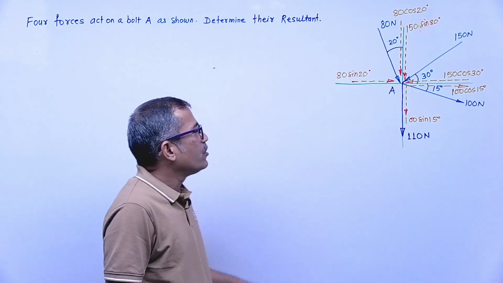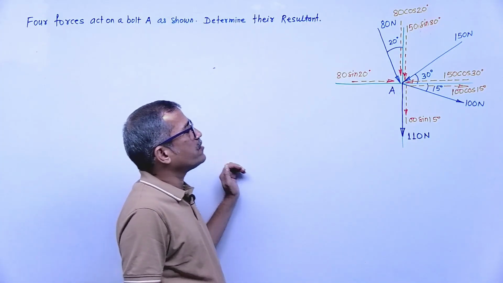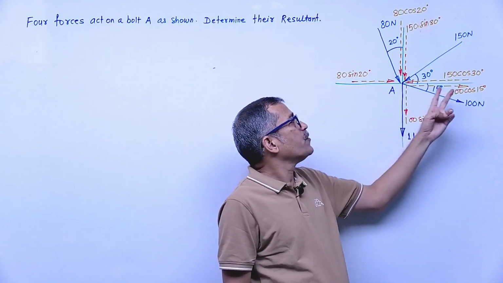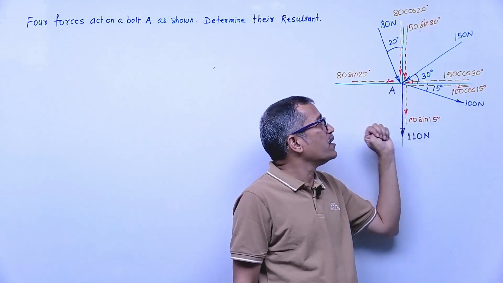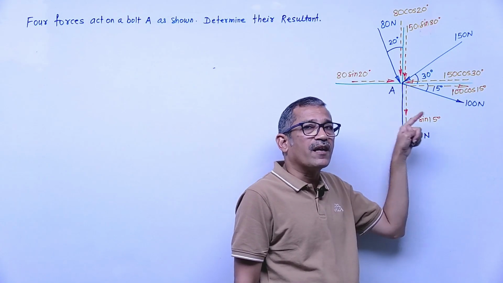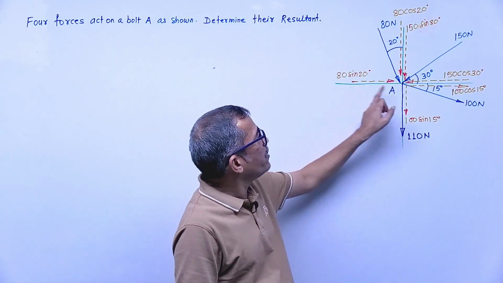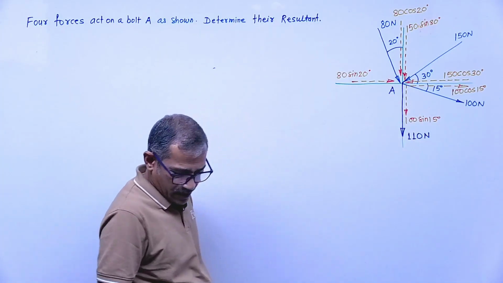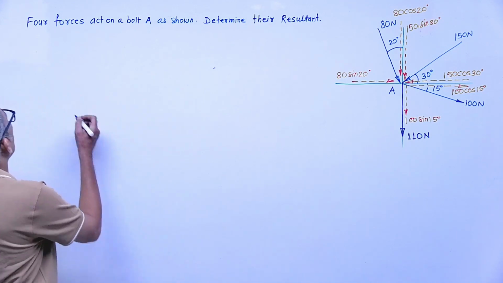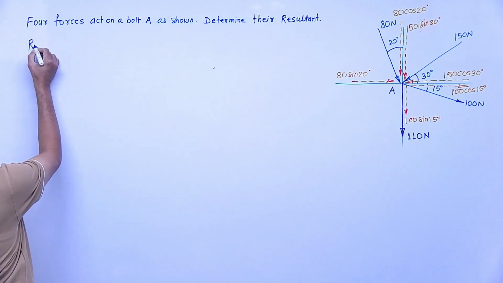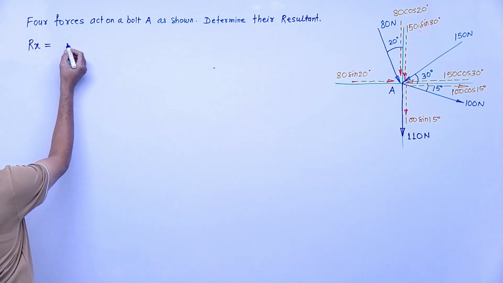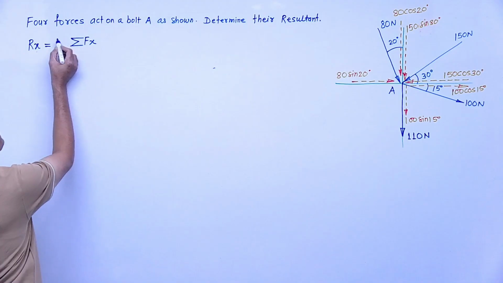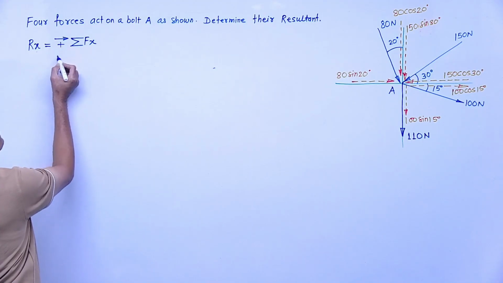How do we find Rx? We add all components along the x-axis. 80 sin 20 is rightward, positive. 150 cos 30 is leftward, negative. 100 cos 15 is rightward, positive. So the equation of Rx: summation of all forces along the x-axis, assuming rightward forces positive.